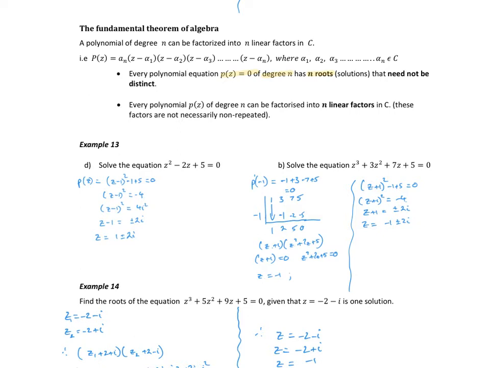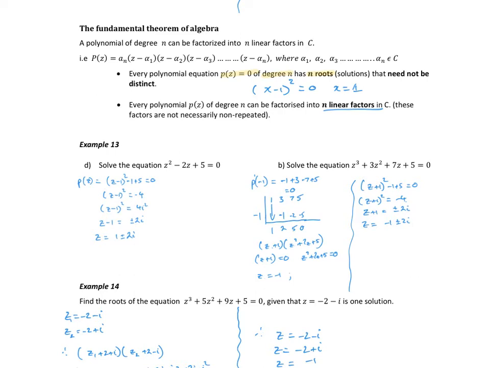A really simple example is something like x minus 1 squared is equal to 0. Well, it's a degree 2 polynomial, but it's only got one solution. It's got a repeated solution, so only one distinct solution. So it may have up to as many as n distinct solutions. You can get the n linear factors, but again, they're not necessarily non-repeated factors.